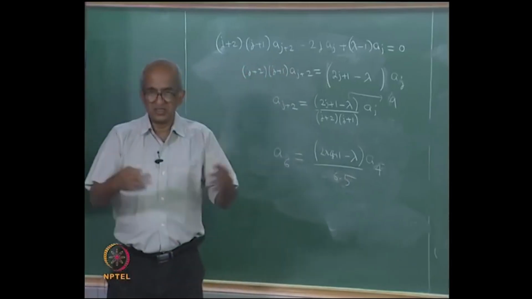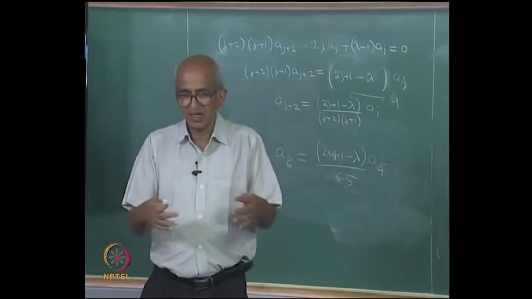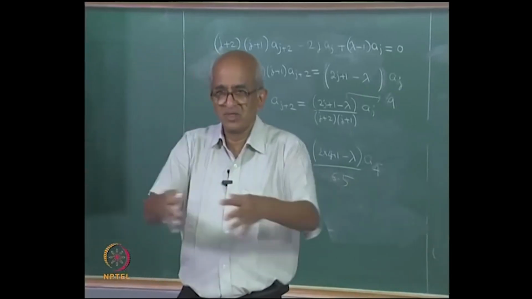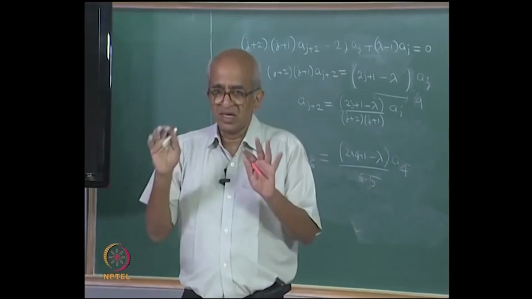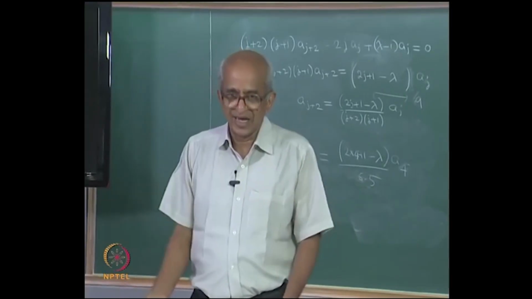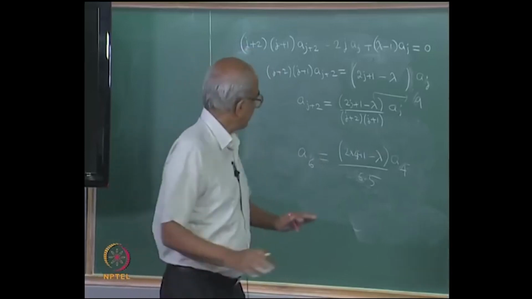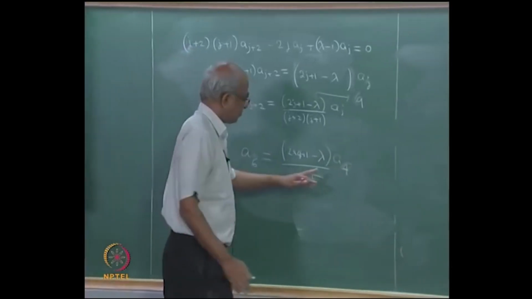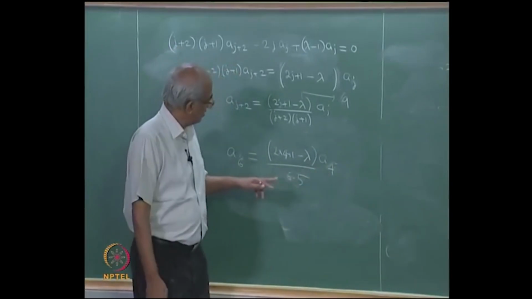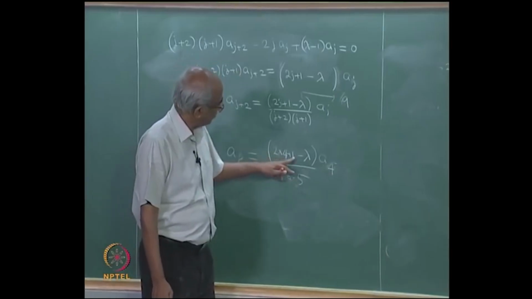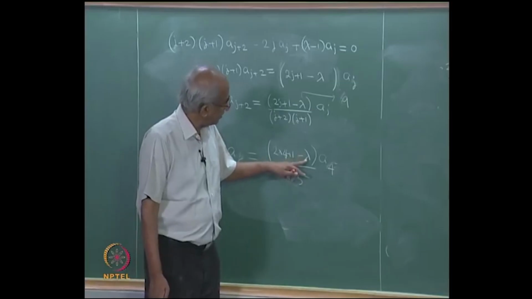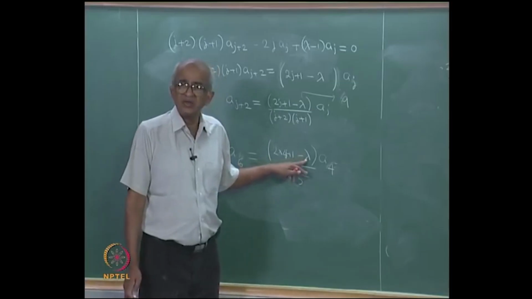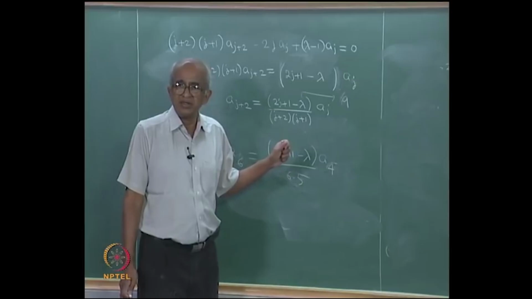Just to be consistent, I am only concerned about the even series, not the odd. So, imagine that I have a value of lambda which is 9, and I calculate A6 from A4. Then you will have 2 into 4 plus 1 minus lambda divided by 6 into 5, and if I say lambda is equal to 9, you can see what is going to happen.